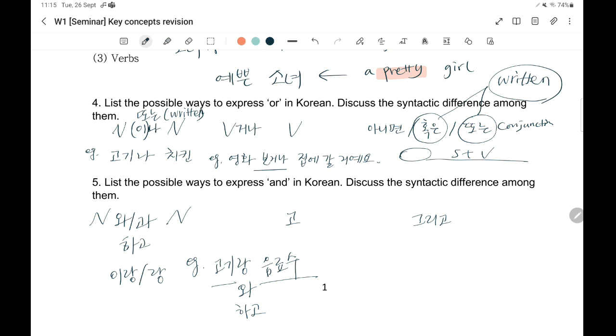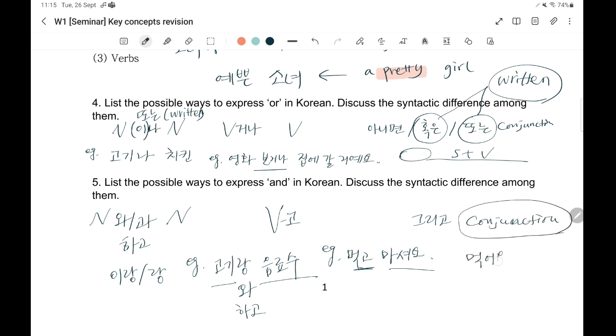How about 고? We need what? Verb here only. 자, example sentence. 먹고 마셔요 합시다. 먹고 마셔요. I eat and drink. When you want to link two verbs, you have to use 고 there. Okay? 그리고 is a conjunction, which means start the sentence with this. So for example, 먹어요. And the end of the sentence.